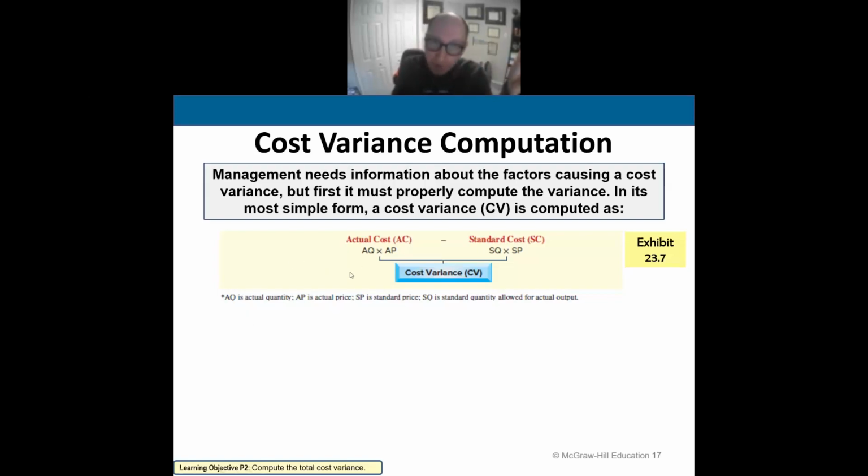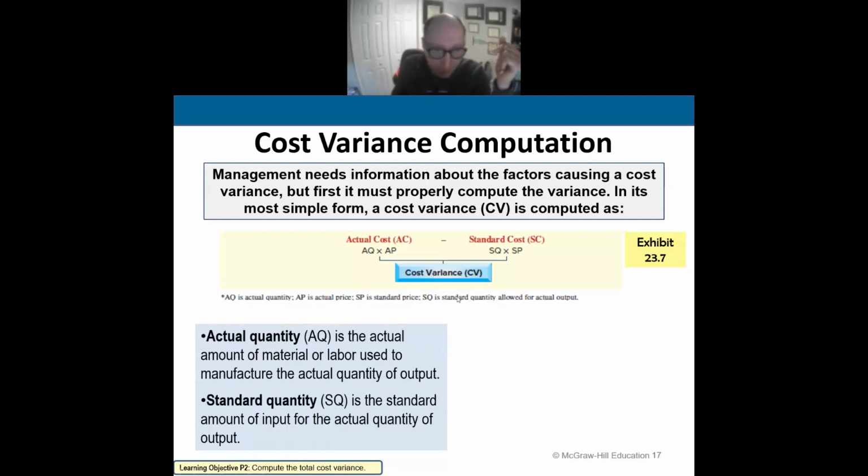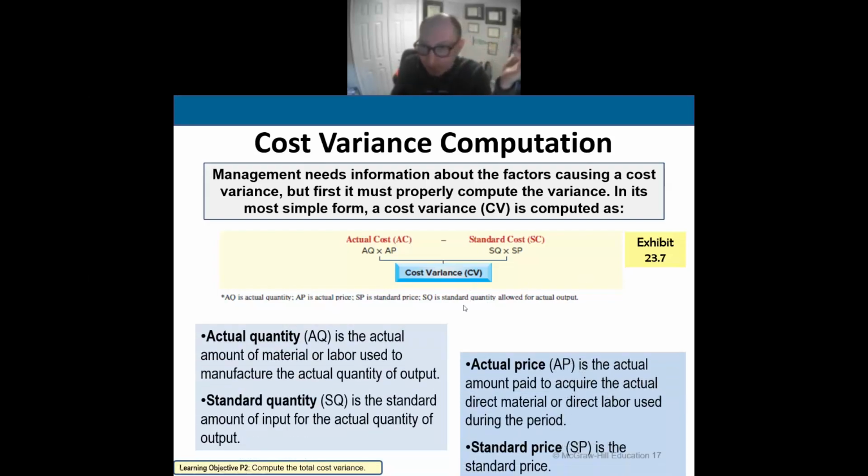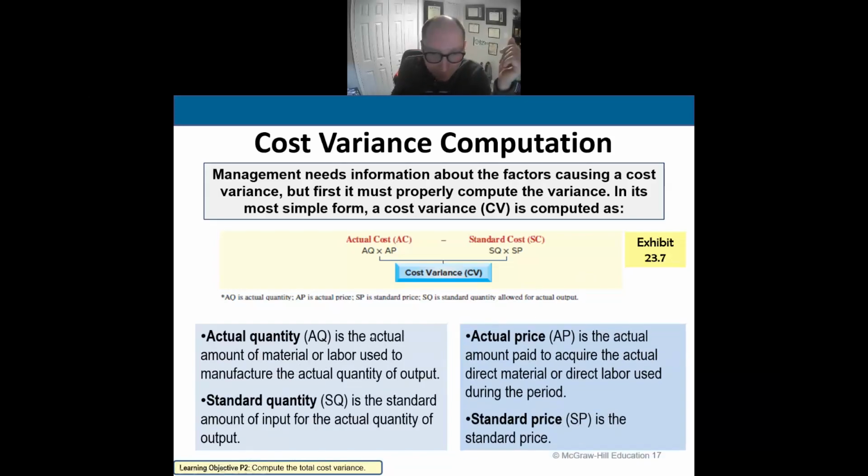And this is the formula. We use this formula for direct materials, direct labor, sometimes overhead. So the actual quantity times the actual price will give us the actual cost. The standard quantity times the standard price will give us the standard cost.